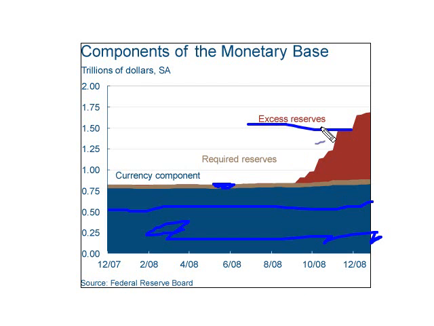Basically, think of the Fed as giving cash to banks for their worst assets, which is basically giving them cash for free. And as a result of that, they're storing excess reserves at the Federal Reserve.